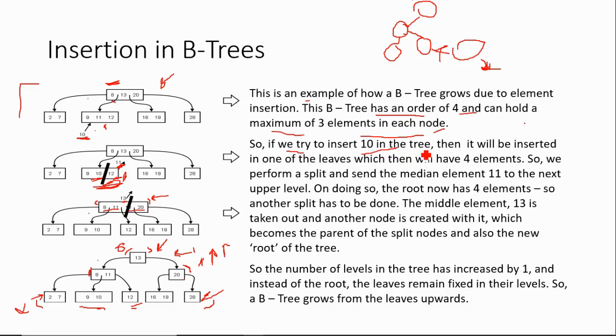Insert 10 in the tree, then it is inserted in one of the leaves, which will have 4 elements. So we perform a split and send the median element 11 to the next upper level.